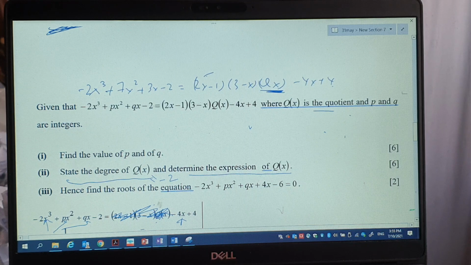Okay, so when it comes down to this, you should know that actually this times something will give you some remainder. So what is this something? You must actually know that this is your divisor.